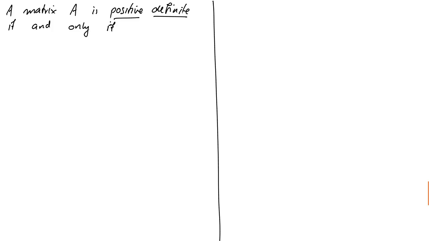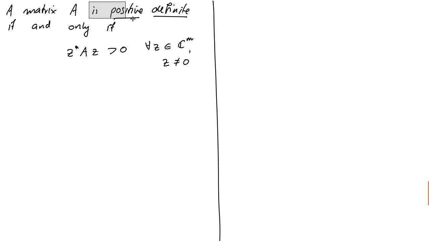So I'm going to work back into complex matrix land now. So matrix A, oops, let's try that again, is positive definite if and only if z star Az is greater than 0 for all z in C^m, with z not equal to 0.